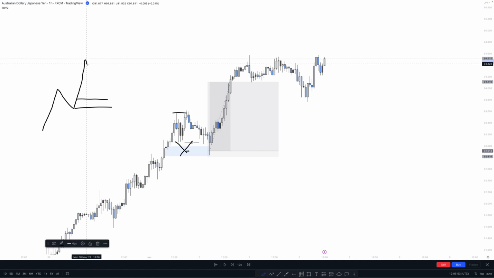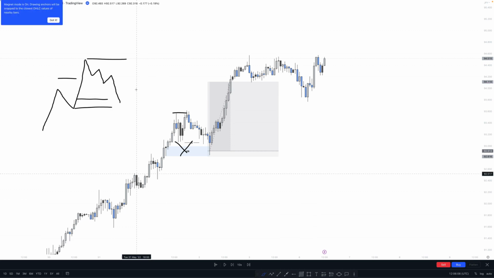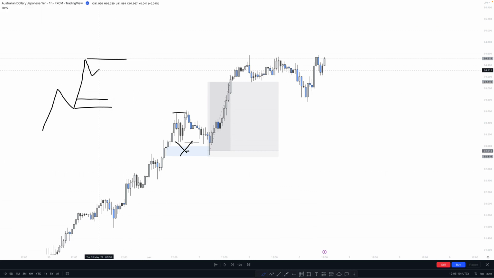The second rule is that you cannot break this high. So if price action comes back into your order block, it doesn't have any retraces in this momentum, and it didn't break the high, then this is considered a high probability order block. But if price action breaks this high and comes back to this zone, this is not a high probability pattern anymore.